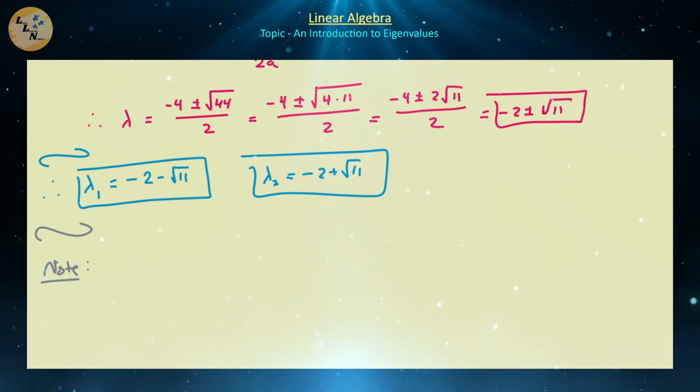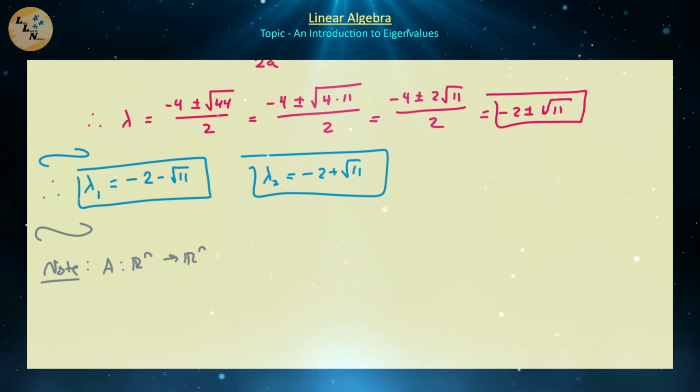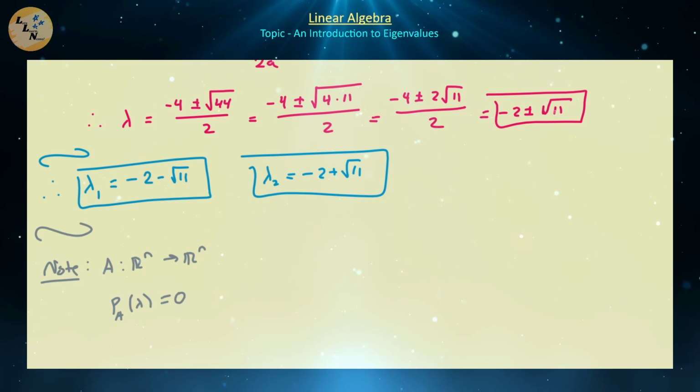Just a quick couple of notes that you should know. Let's assume that A maps Rn to Rn, i.e. A has real valued coefficients. Then the values lambda that satisfy this particular equation, from the fundamental theorem of algebra from precalculus, lambda can be a complex number.